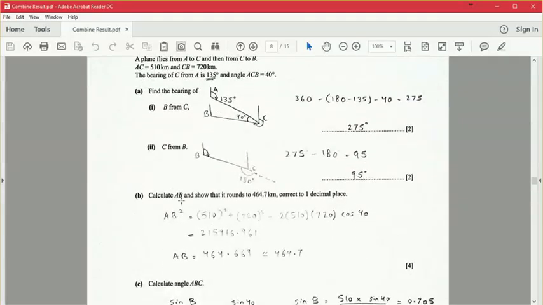Then calculate AB and show that it rounds to 464.7 kilometers, correct to one decimal place. So we will use the cosine rule.